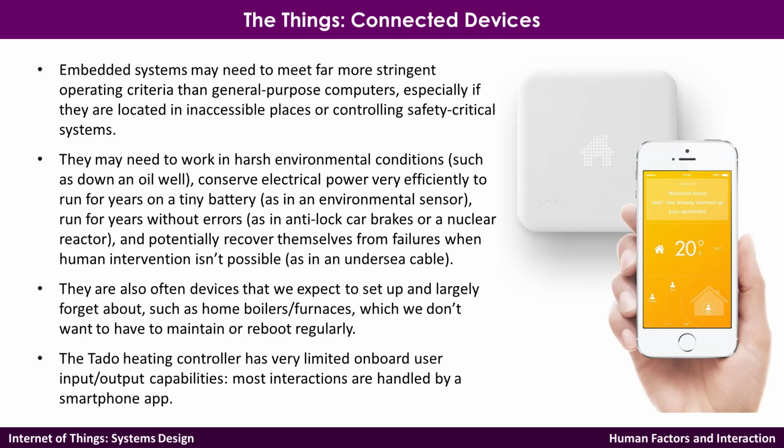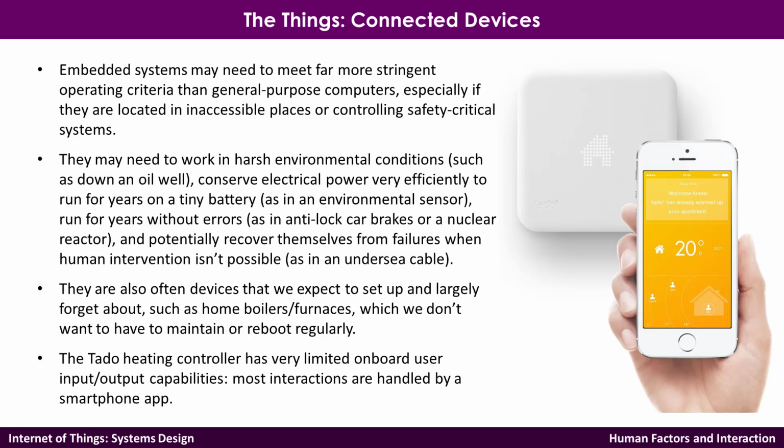Another important aspect of embedded systems is that they need to meet far more stringent operating criteria than general purpose computers, especially if they are located in areas that are not easily accessible or controlling safety critical systems. They also need to be able to work in harsh environments.